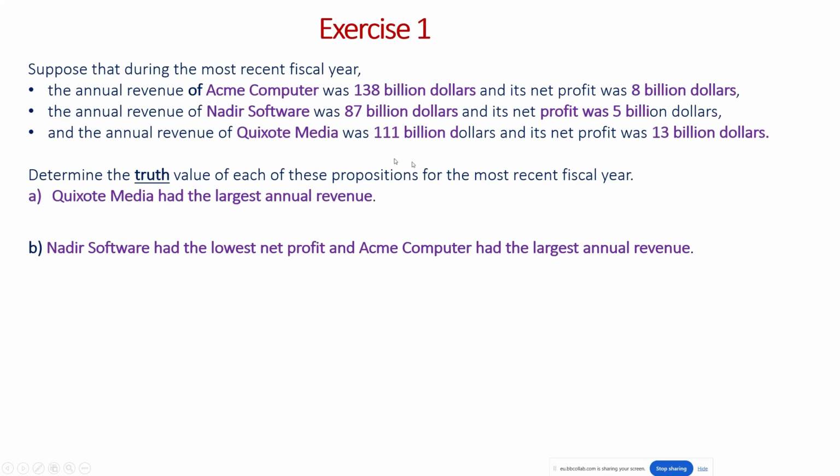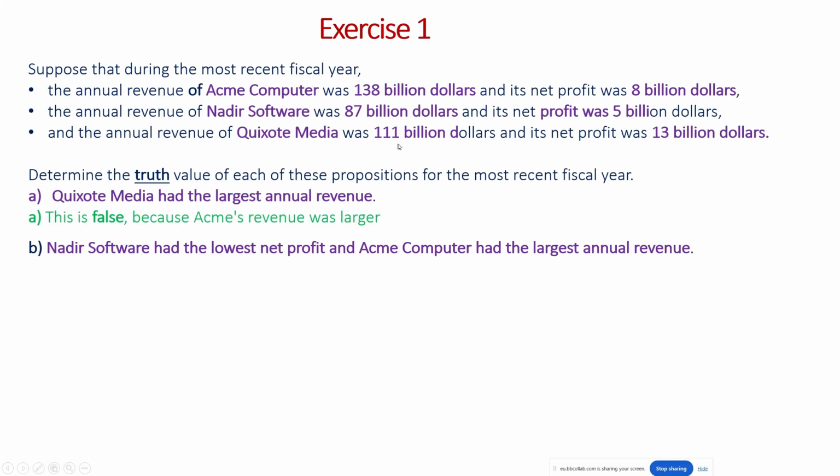Is it the largest revenue? This one had 13 billion in net profit, but $111 billion in revenue. But this other one had a much higher number. So, as you said, this is false.